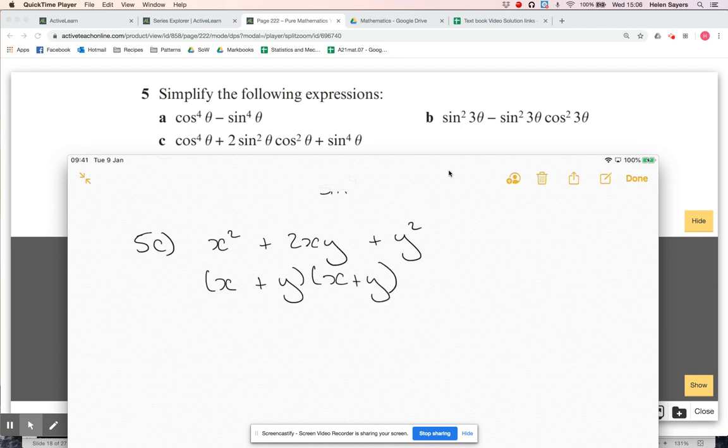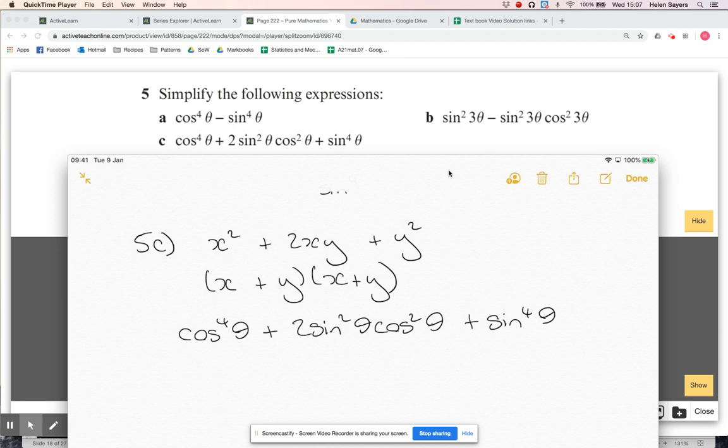So the x squared, I'll get from the x times the x, the y squared from the y times the y, and then I'll have two lots of xy. So if you spot the connection between what I've just written and this, what they've given us in the question, so just write that out.